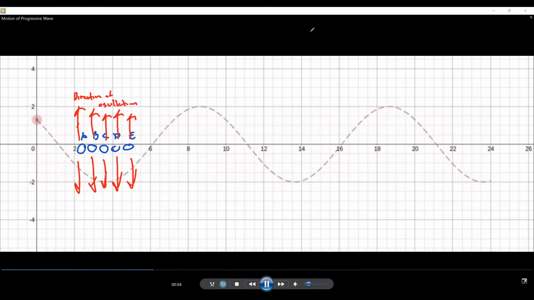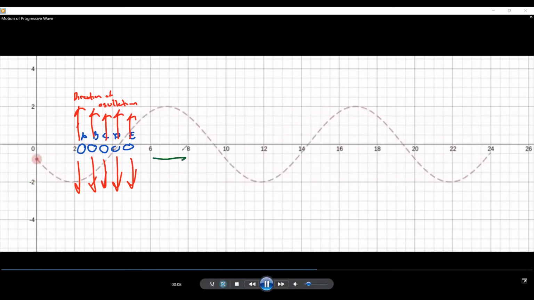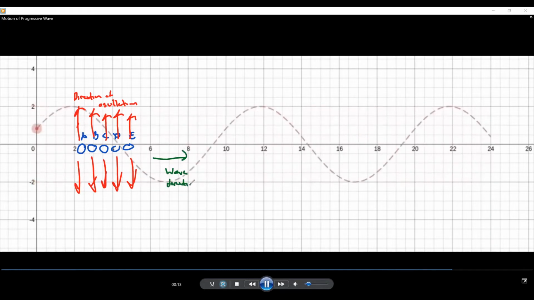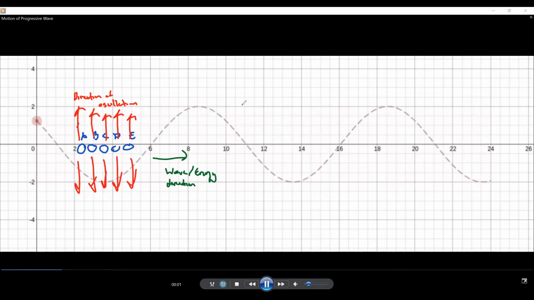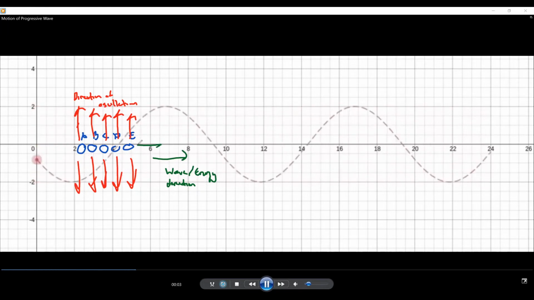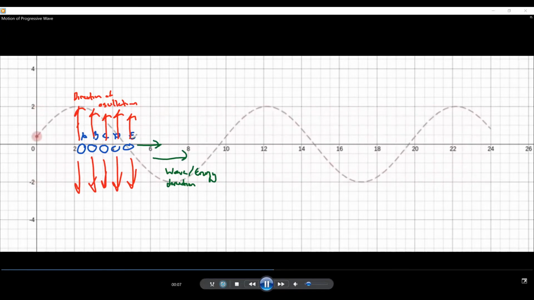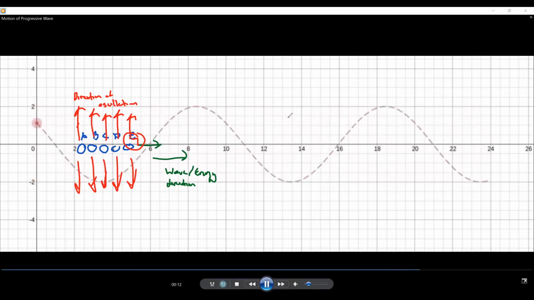But what is the direction of wave travel or direction of energy propagation? This is the wave direction or energy direction, if you would. So notice that since my energy direction is here, but my direction of oscillation of particles is up and down, they are actually perpendicular to each other. So this is an example of a transverse wave.